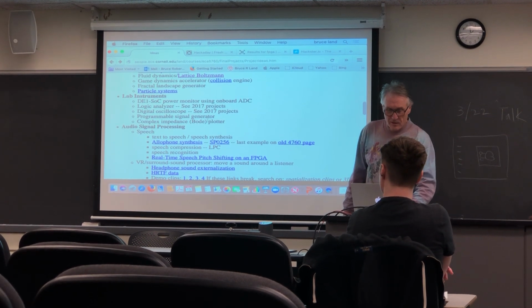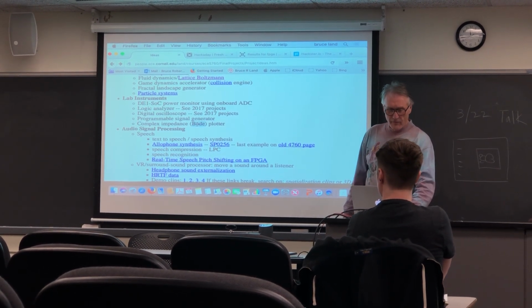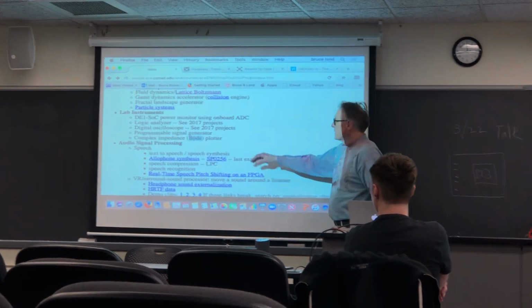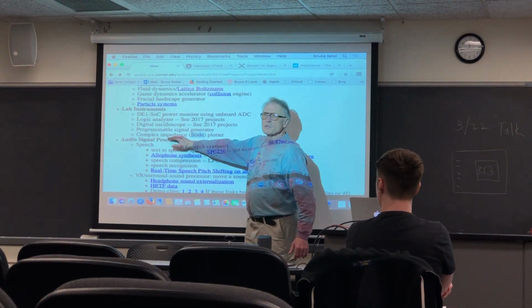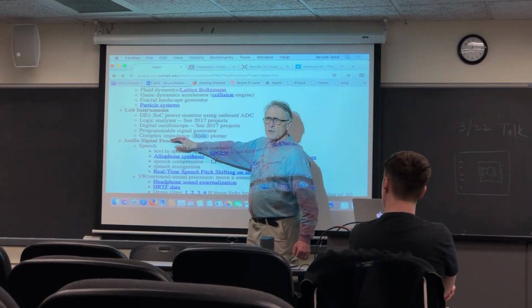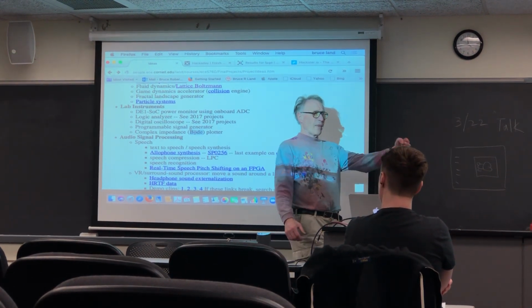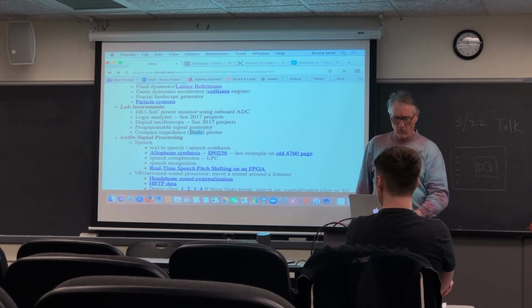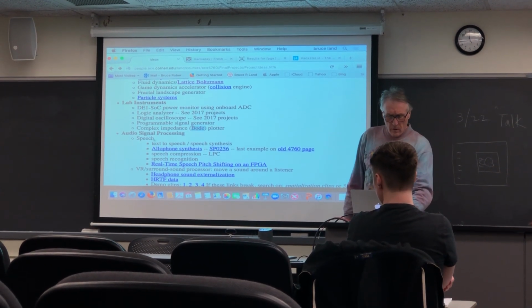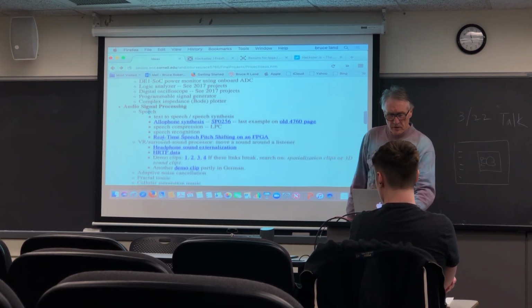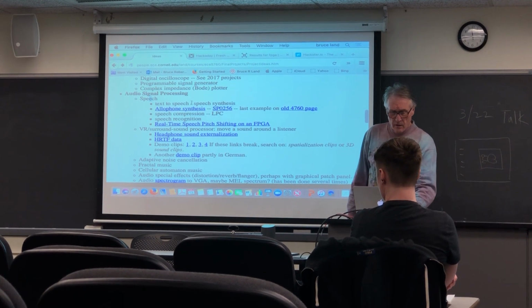A complex impedance plotter, Bode plotter. Ooh, that'd be fun. That's some precision measurements of phase and magnitude of sine waves. And the whole thing there is more bandwidth. Speech is always interesting.